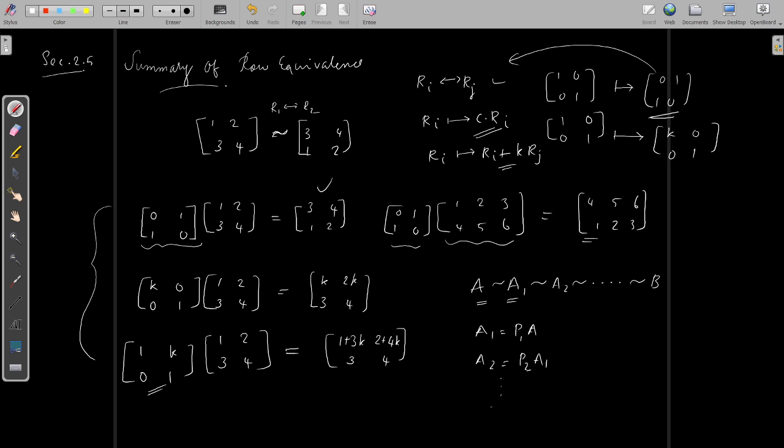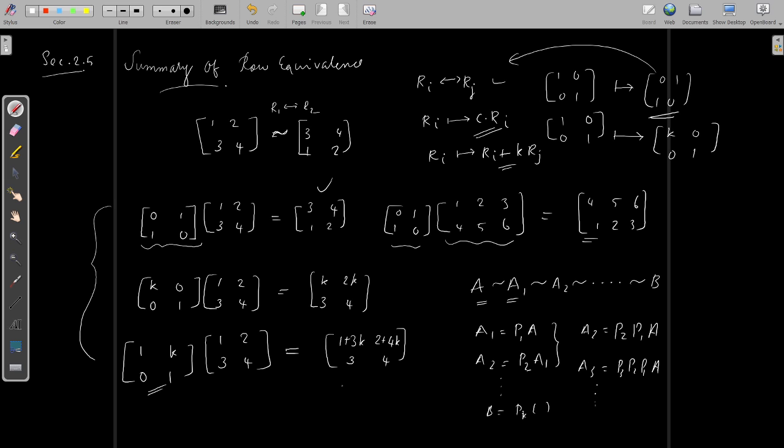Finally, in order to get B, we need to multiply some Pk times the matrix from the previous stage. A2 can be written as P2 times A1, and that A1 can be replaced by P1 A, so that is P2 P1 A. Similarly A3 can be written as P3 P2 P1 times A.